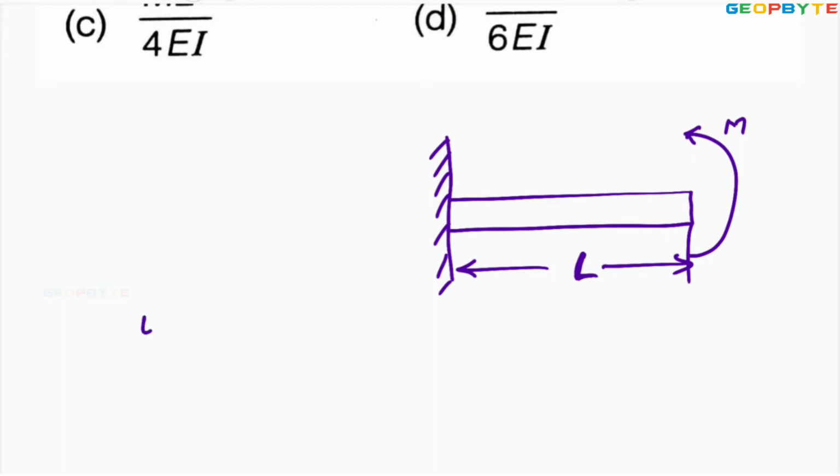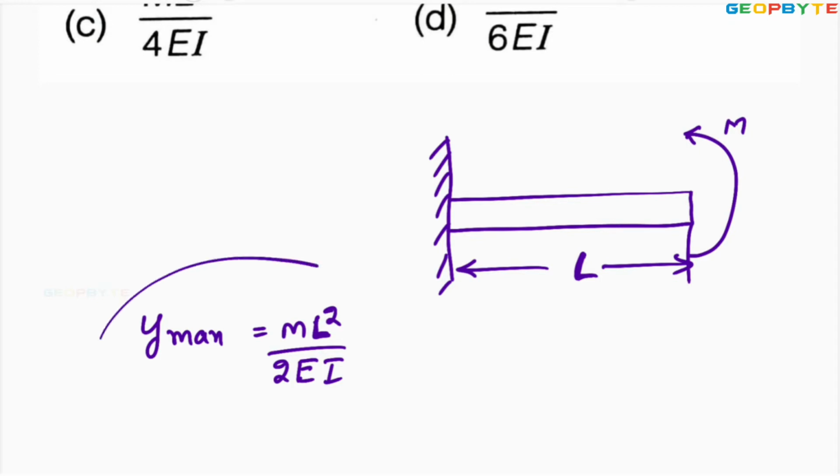Dear friends, the maximum deflection Ymax at the free end is ML square by 2EI, where M is the bending moment, L is the length of the beam, E is the Young's modulus, and I is the moment of inertia.